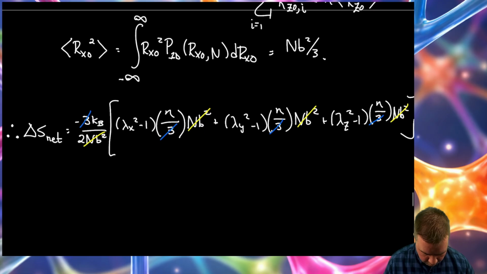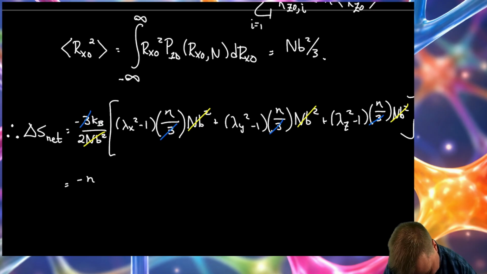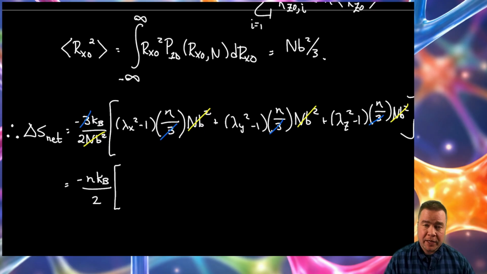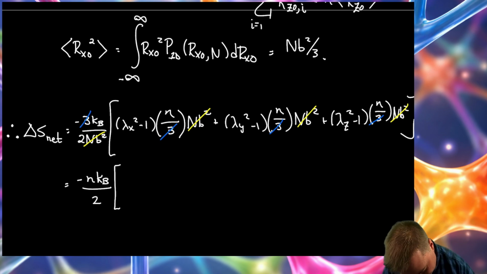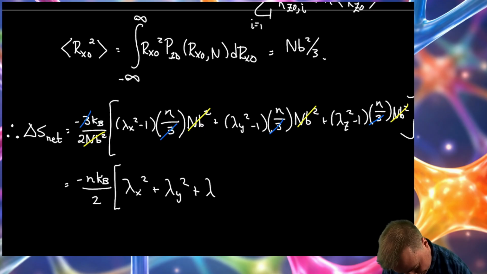And so what we end up with, once we look at all of these things, we get minus n, which is common to all the terms, kb over 2. We take all the lambdas, we combine them. We take all the minus ones that are there, and we combine them, and we get lambda x squared plus lambda y squared plus lambda z squared minus 3.